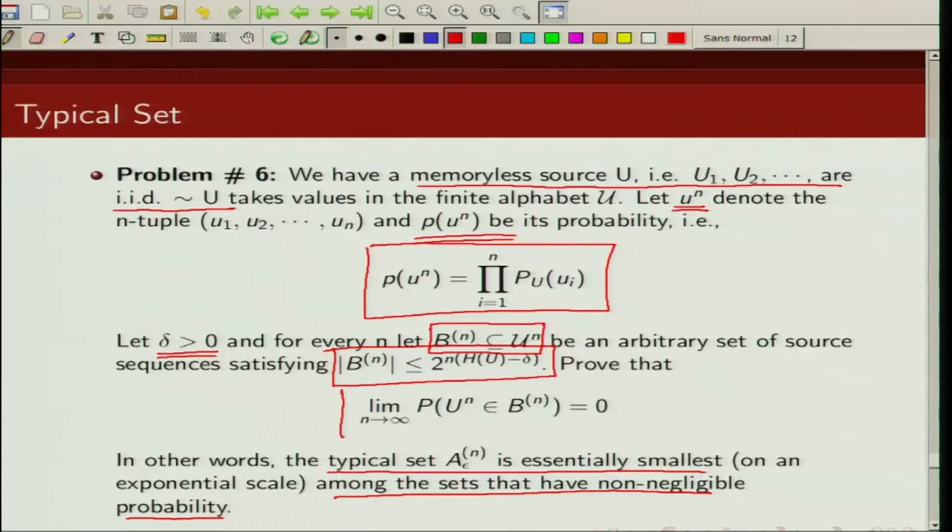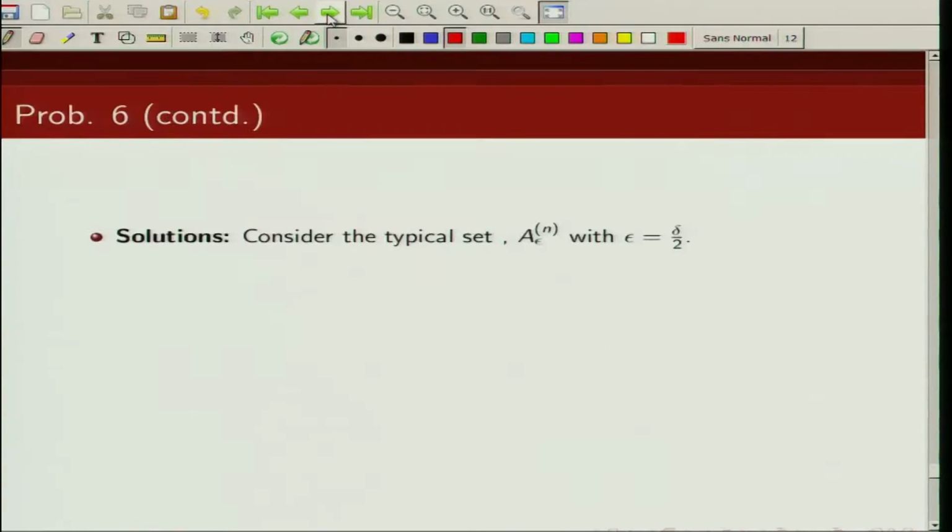Then we want to show that as n tends to infinity, the probability that u^n is in B^n basically goes to 0, which essentially will show that the typical set is essentially the smallest set which will have non-negligible probability of occurrence when n goes to infinity. So let us prove this. We consider a typical set with epsilon chosen as delta by 2.